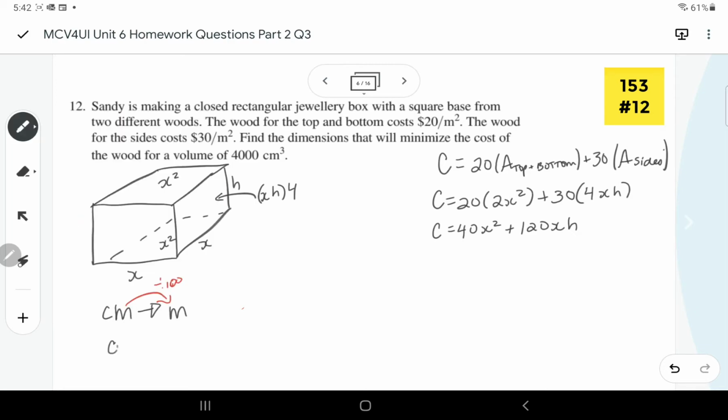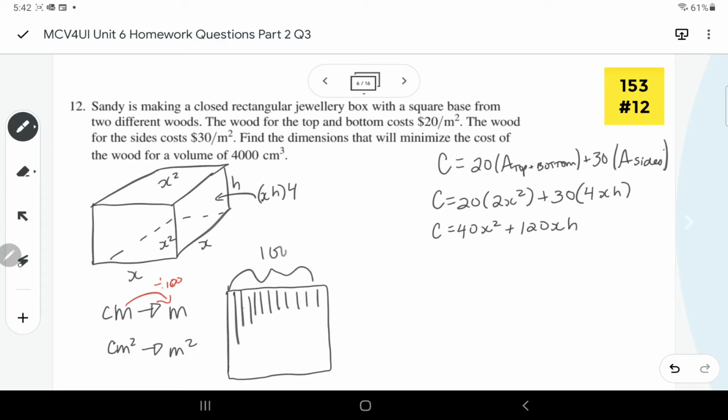If it was centimeters squared to meters squared, you've got two dimensions there. And if you can imagine picturing a centimeter squared, if you had a full meter and you had 100 centimeters here, and then you marked that off, 1 meter squared is a big area, right?